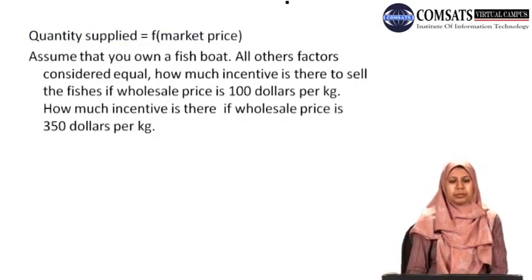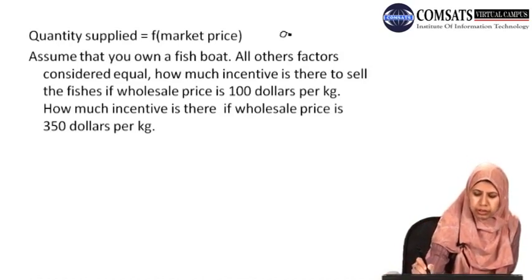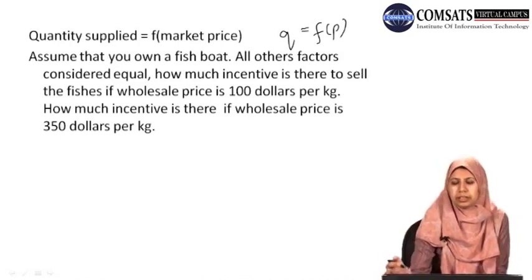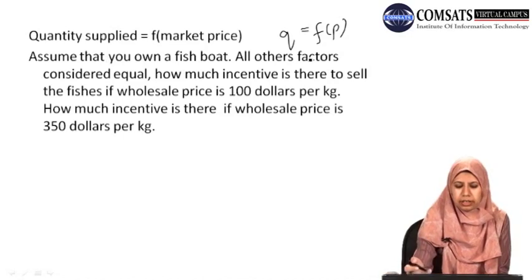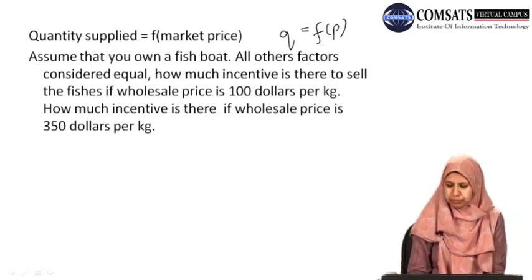Now, if again Q represents the quantity supplied and P is the price, then the relation is Q equals a function of price. That is, price is again the independent variable and the quantity supplied is the dependent variable.